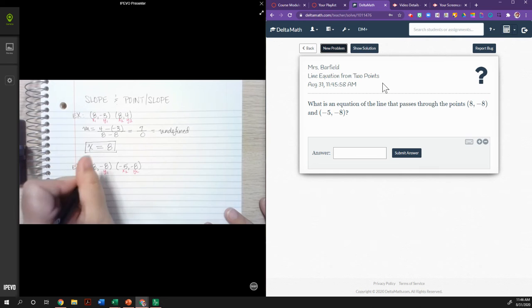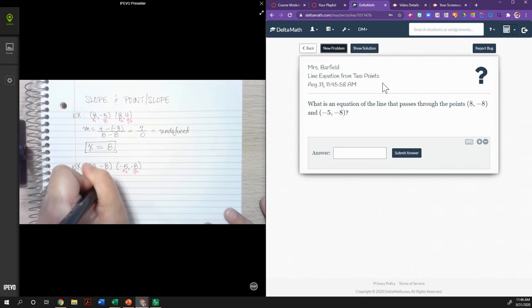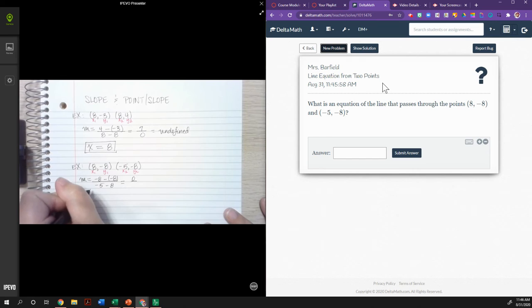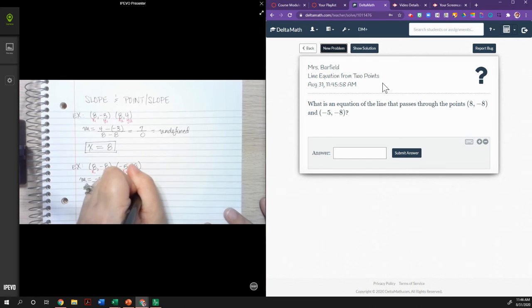All right. So y2 is -8 minus -8 over -5 minus 8. All right, well, -8 plus 8, because remember, a double negative means you have a positive. So -8 plus 8 is 0 over -13. Well, that means my slope is 0.